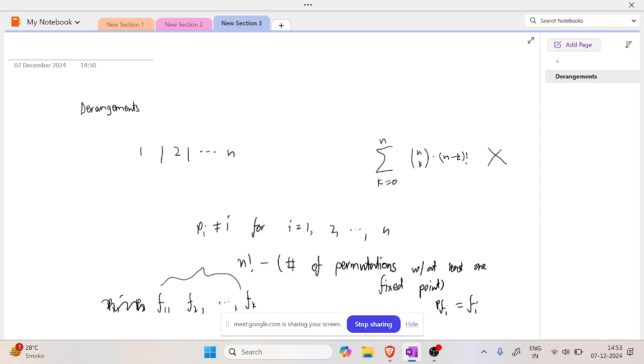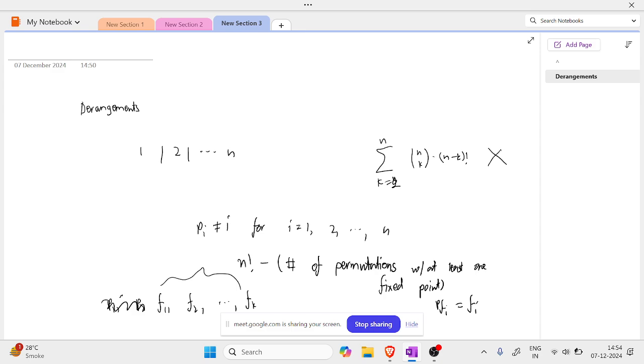So one permutation could be counted multiple times, up to 2 to the number of fixed points times, because for any subset of the fixed points that you pick, that permutation will be counted in that subset.